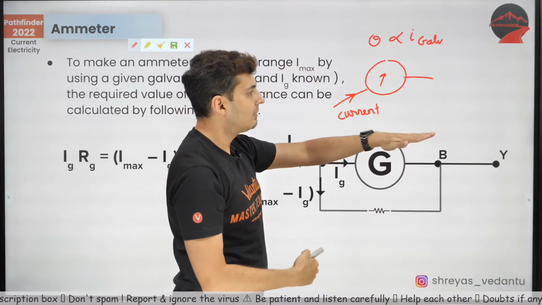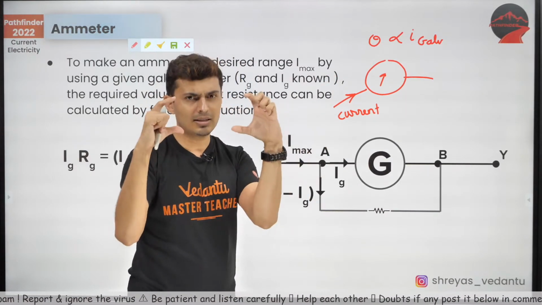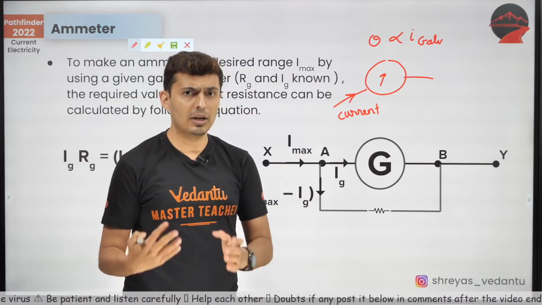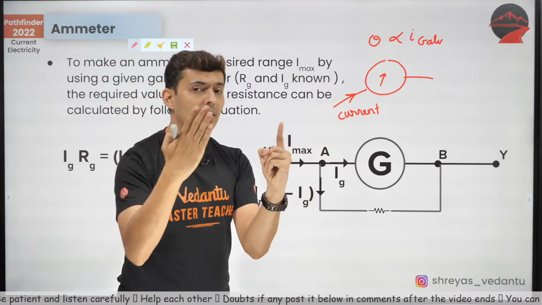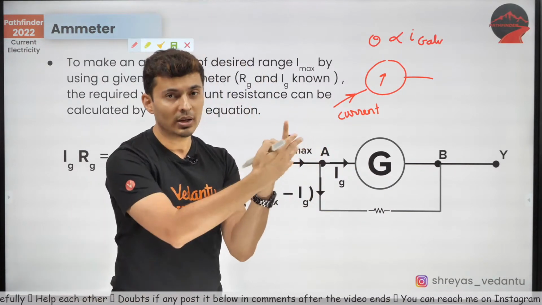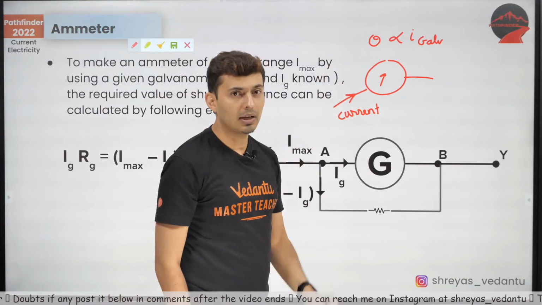So more the current, more the deflection, and that's how you measure current through a galvanometer. Galvanometer is nothing but a device. It has got a needle, it has got a scale. Depending on how much current you pass, it will deflect. But that also has a limit, because the needle can only go till a certain extent. Beyond that, it can't move. So there is a limit till which the galvanometer can measure the current.